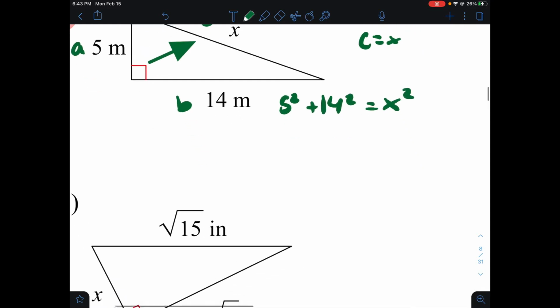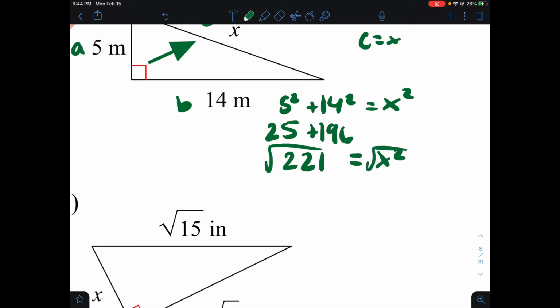All right, so this is going to give us 25 plus 196, and we get 221. Then you would go ahead and take the square root of both sides. And you should know how to break down radicals.